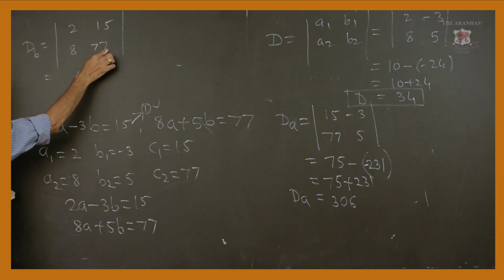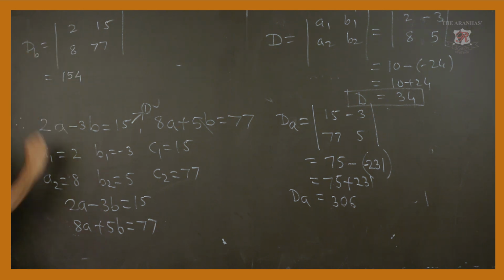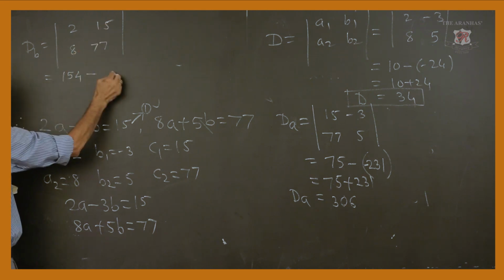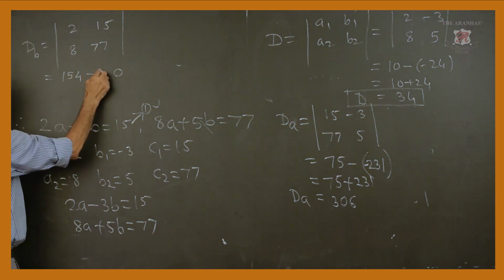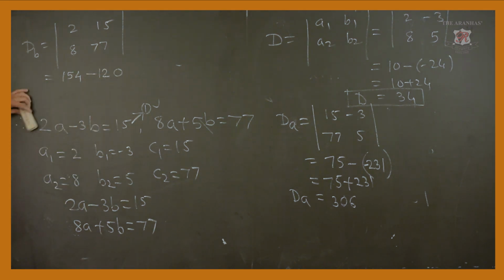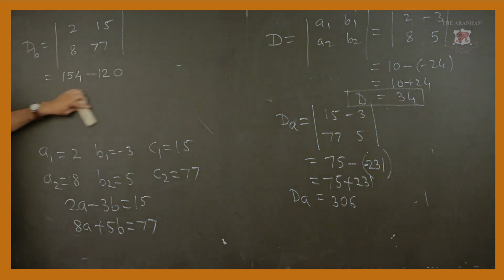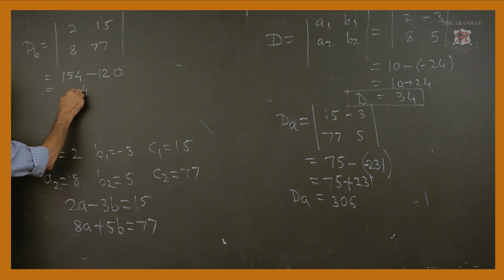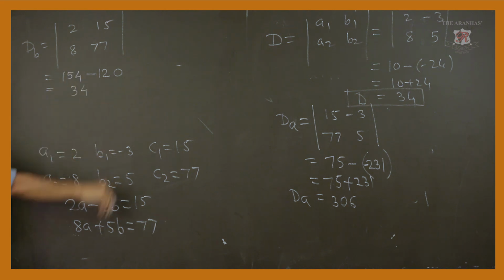So 2 7s are 14, 2 7s are 14 and 1, 154 minus 15 into 8, 120. So 154 minus 120, 34. You get dB is equals to 34.